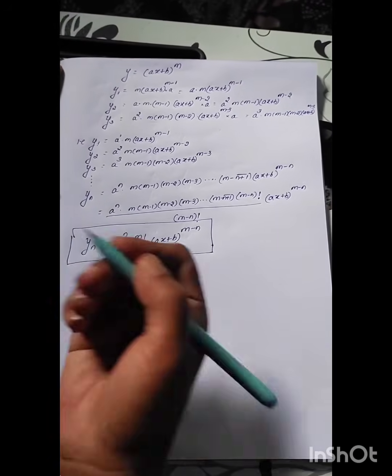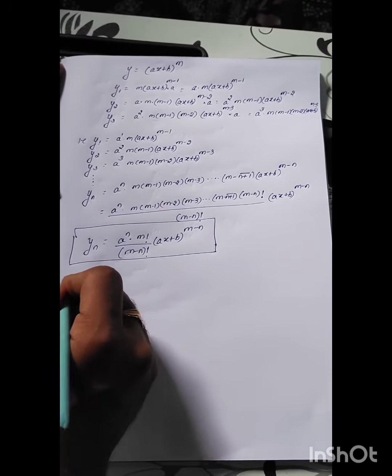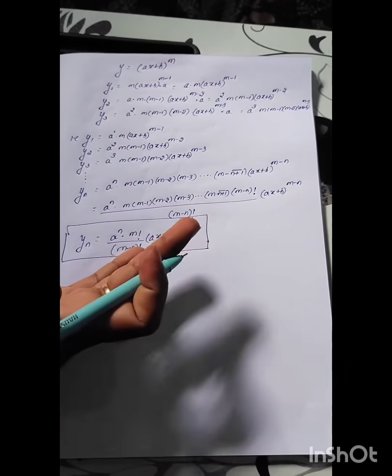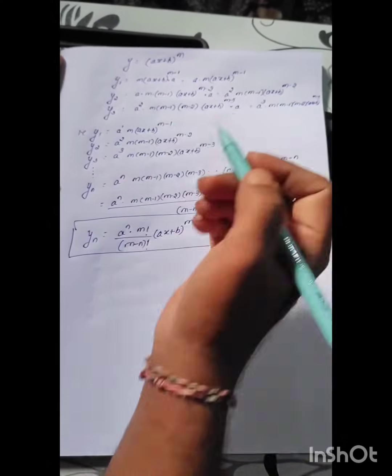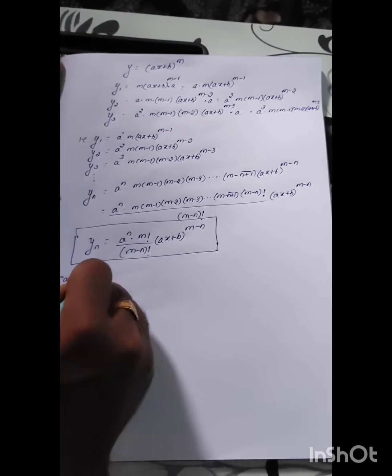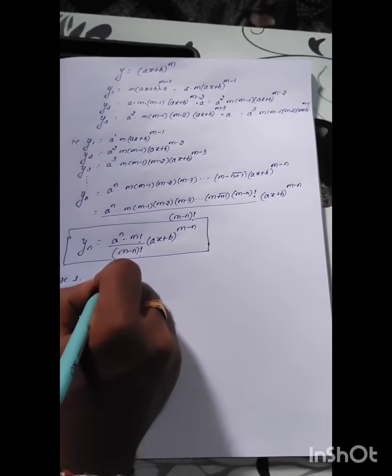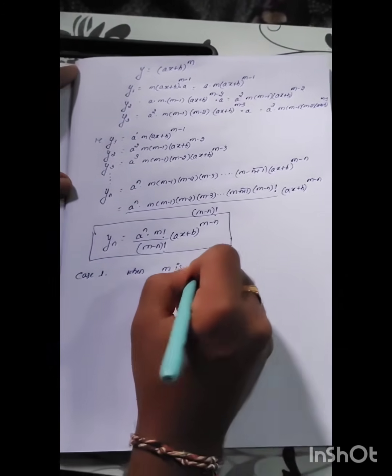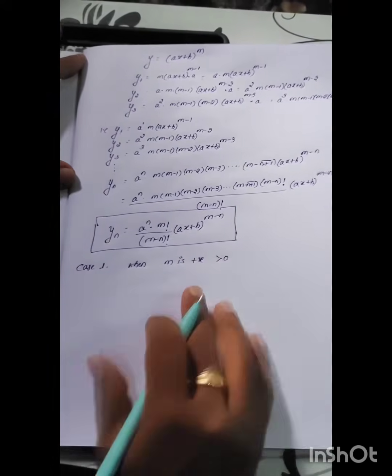So now we have three cases here, right? So that is this m minus n, and see this n is the nth derivative and m is the power here. So we can have few possibilities here. That is case 1, that is when m is a positive number, when m is positive or greater than 0, right?